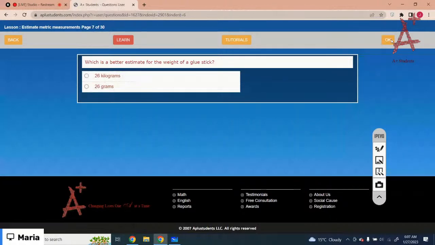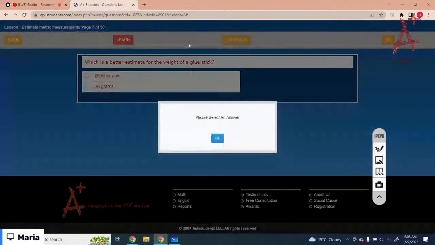Okay, which is a better estimate for the weight of a glue stick? 26 kilograms or 26 grams? It is 26 grams. Got it? Because 26 kilograms is too heavy. Very good.